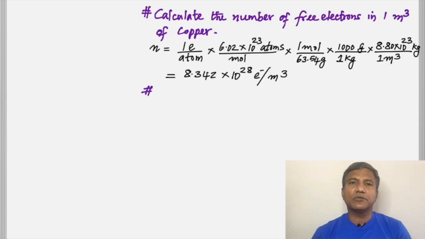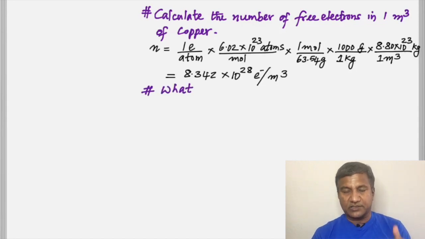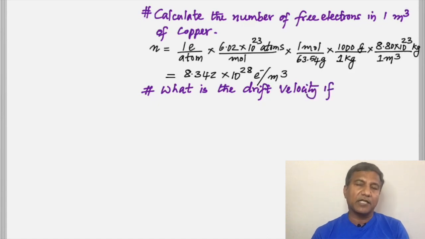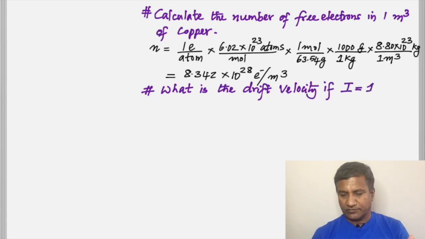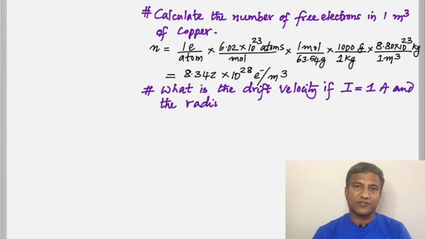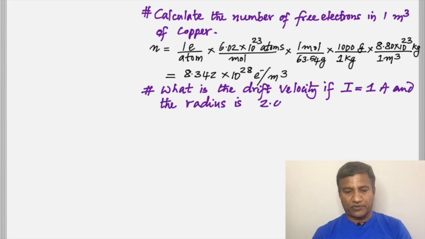So here let's do another question. Let's continue with this and try to calculate the drift velocity of the electrons in the copper. I assume that a current of 1 ampere is flowing, and the radius of the conductor is 2 millimeters.